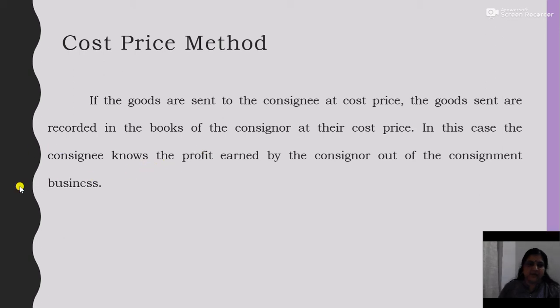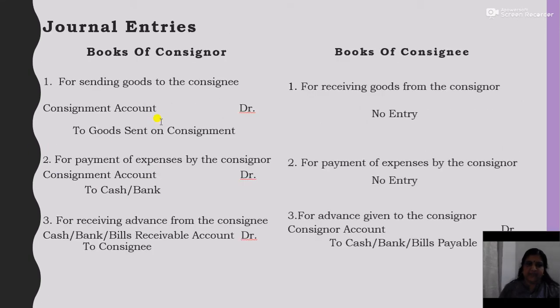So we can move on to the journal entries, in the books of consignor and in the books of consignee. The first column shows the books of consignor and the second the books of consignee. First, the goods are sent by the consignor to the consignee, then certain expenses are met by the consignor. Then sometimes an advance may be sent by the consignee to the consignor.